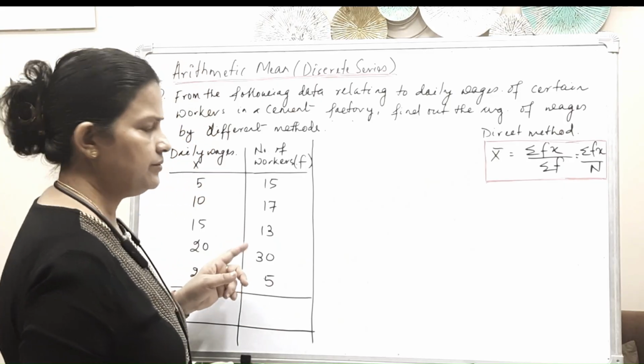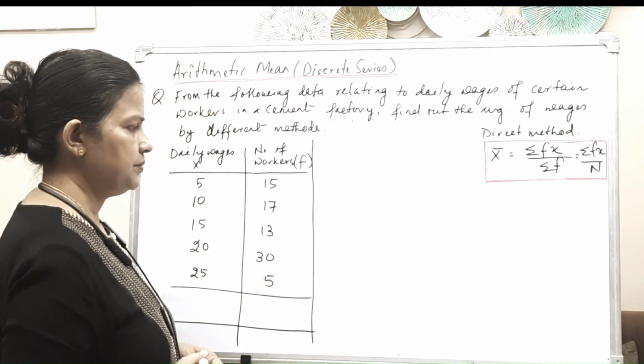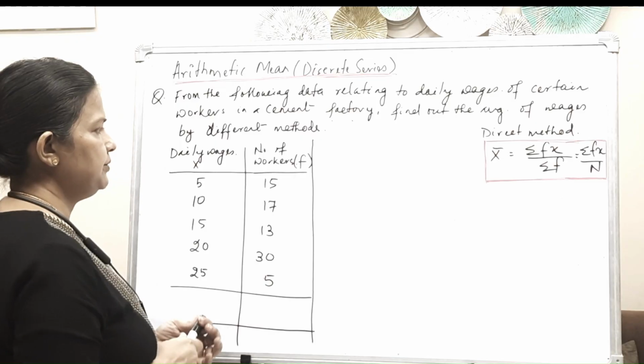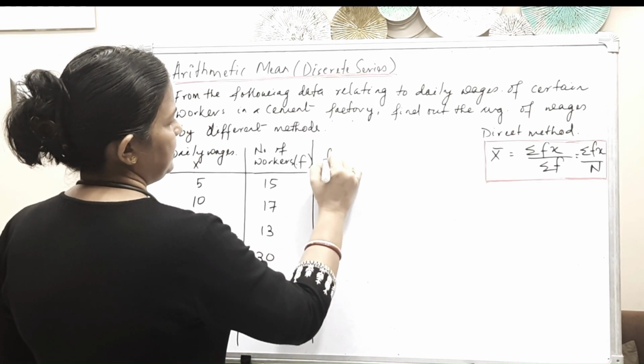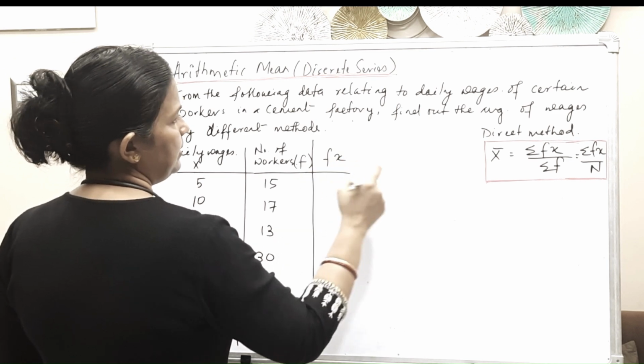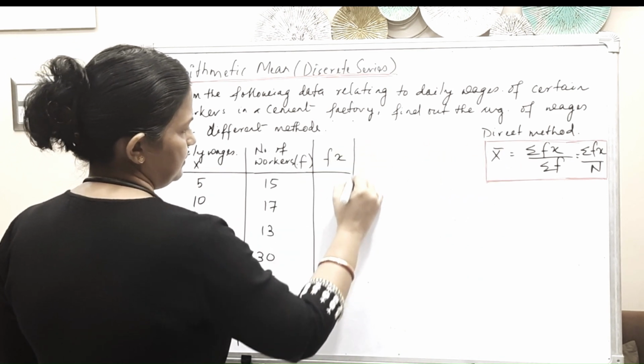As in the previous example, we need to find f into x, because we need sigma of fx.